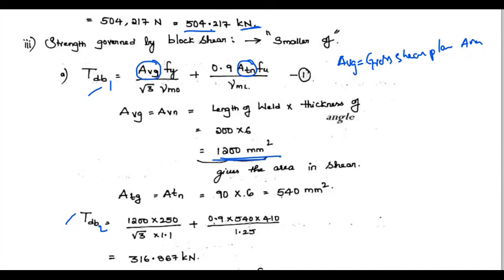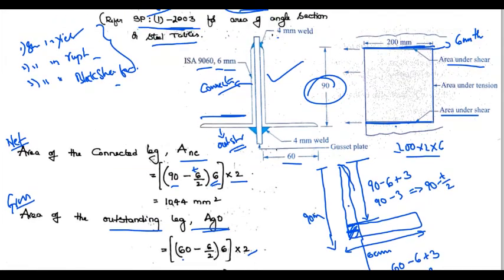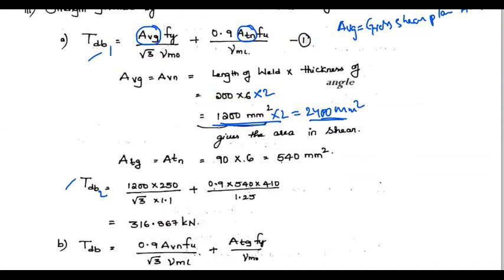Isn't it right? And here we need to multiply with 2, sorry for that. Since two surfaces are there, 200 into 2 into 6, which will be 12 into 200, gives 2400 mm square.